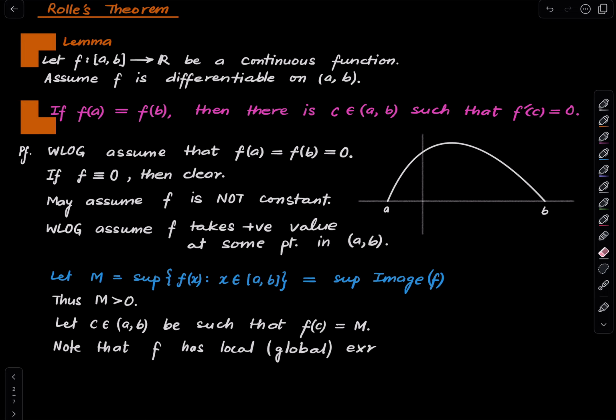Global extremum at C, and hence the derivative of f at C is 0. And that finishes the proof. It was a very simple proof, but I gave all the details. Okay, it's an intuitive theorem, a useful theorem, and a very simple proof. Alright, so let's move forward.